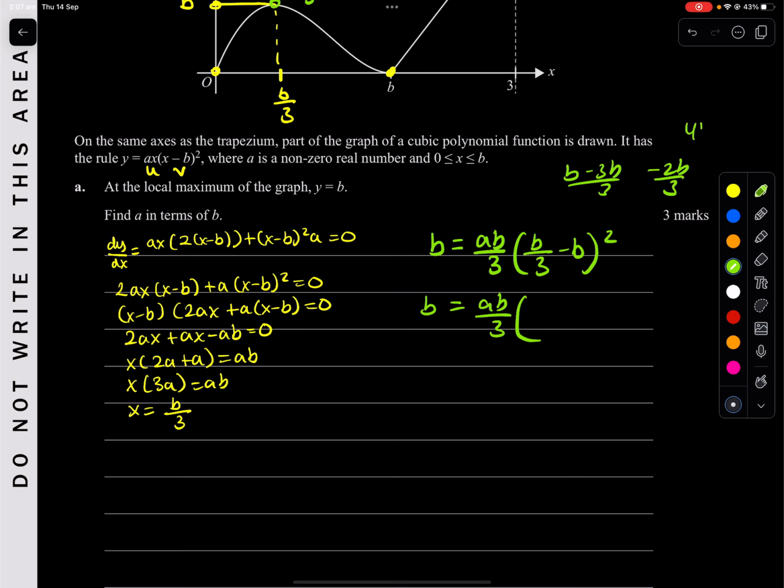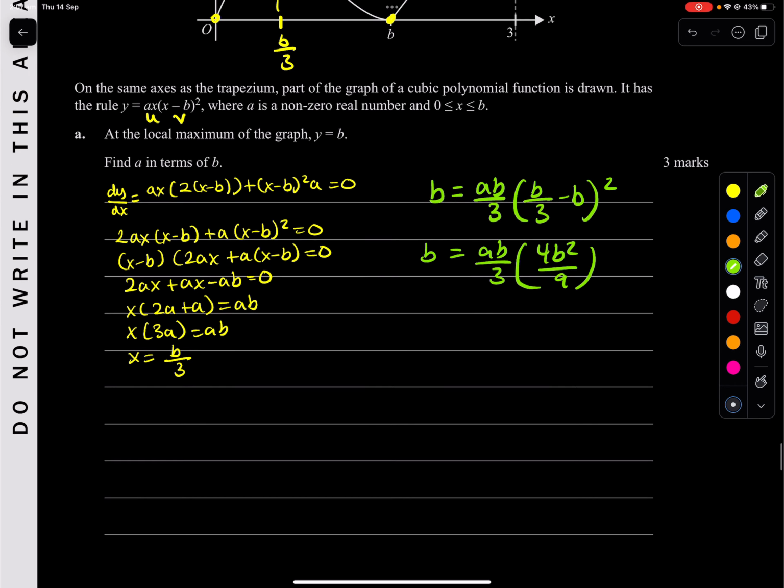Squaring that, so it'll be 4b squared over 9. Let's rub that out. So b is equal to what? 4a b to the power 3, actually, over 27.